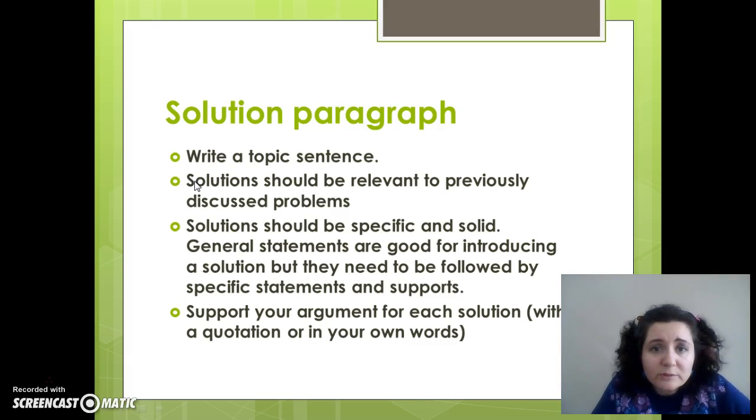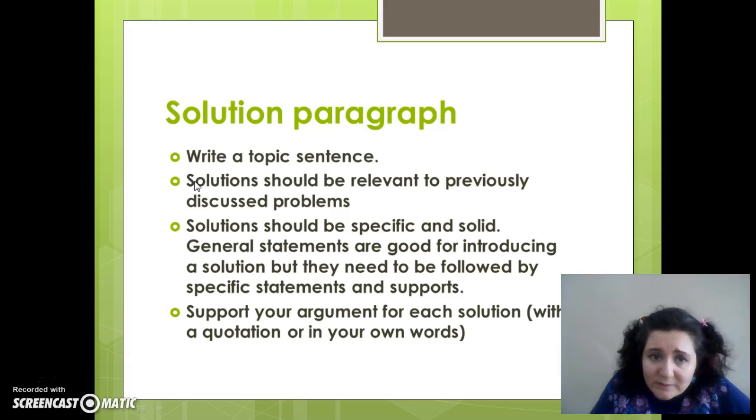And if there are no solutions, then you can tell us there are no solutions and why there aren't any. Maybe in a few sentences, you could just tell us why no solutions can be developed for a particular problem. The way you put your argumentation is very similar to the way you did it in the problem paragraph, and the way you use linking words and linking expressions should also be similar to the problem paragraph.